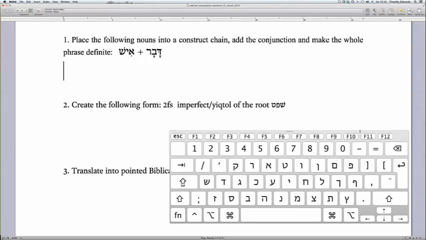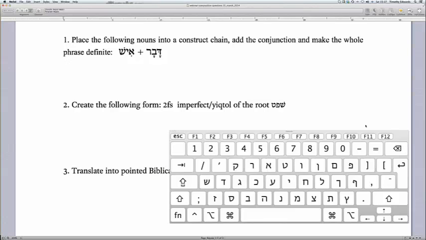So with this, once you've worked that out, you want to start with putting the conjunction in. Now, the conjunction is usually a vav with a vocal schwa, but we notice that when davar goes into the construct state, the kametz is reduced to a vocal schwa, and so the rule of the conjunction needs to come into our mind.